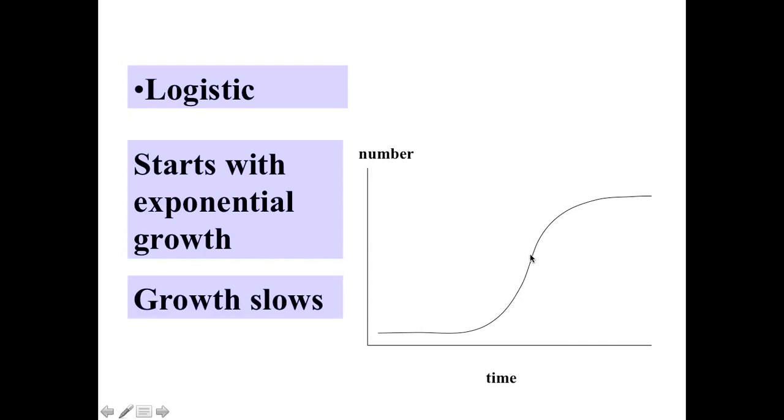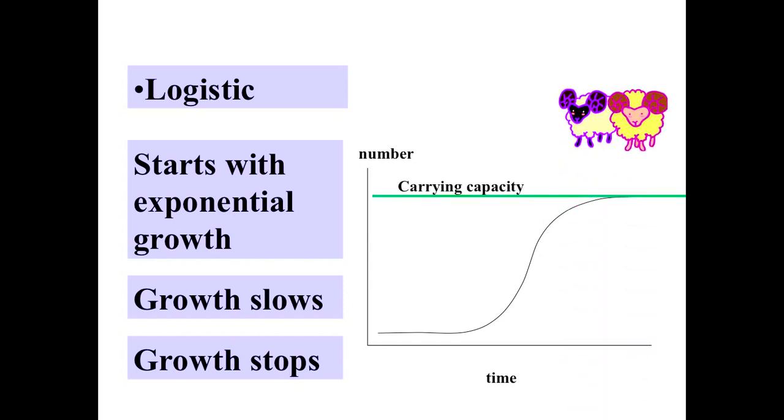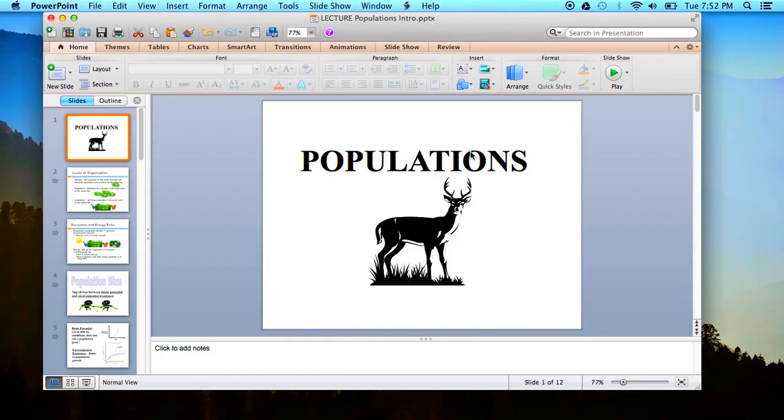But then the growth actually slows down and levels off. So growth stops, and that's due to some sort of environmental resistance stopping that growth from going on exponentially forever. That number, the population size where the population levels off, we call the carrying capacity. And that is it for now.